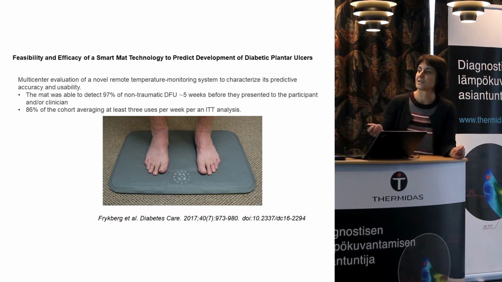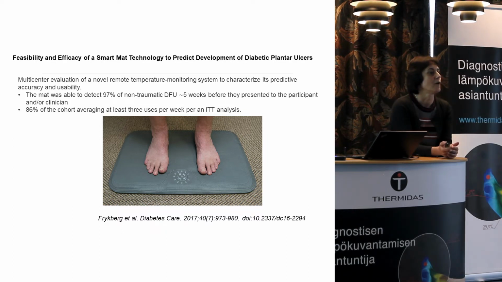You can see a person standing on the temperature mat, which is taking images which are then saved in the cloud. And they noted that more than 5 weeks before the skin breaks down, they noted an inflammation and an area which was vulnerable, and they put forward that this type of thermal measurement is really promising to reduce ulcer recurrence rate.